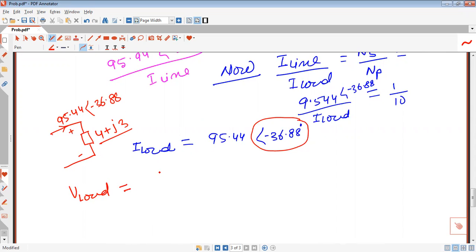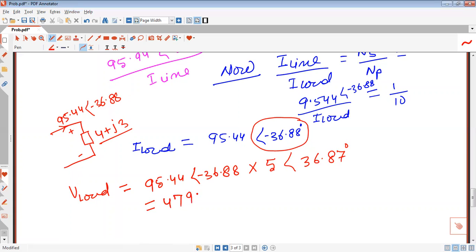We can see that current is 95.44, angle is minus 36.88, into, and then we have to convert this into polar, and in polar we have already calculated in part A. So 5 and angle is equal to 36.87 degree. So let us see how we calculate it, and its value is coming 479.7, angle is minus 0.01 degree.